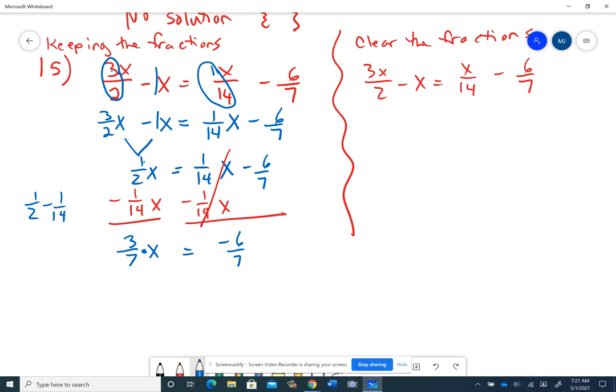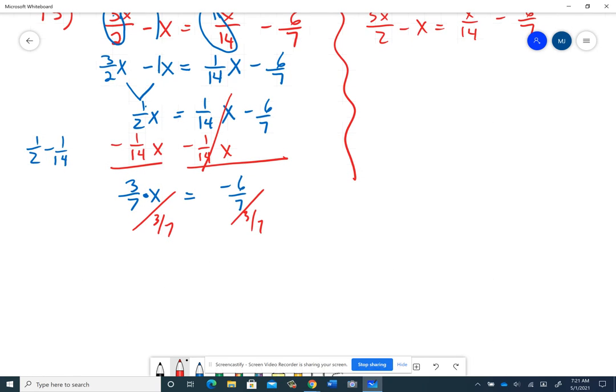That's being multiplied by x, so to get rid of it, you could divide by 3/7. When you do that, you wind up with x equals, and you would do that on your calculator, and it would turn out to be -2.